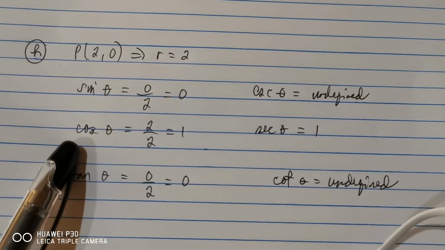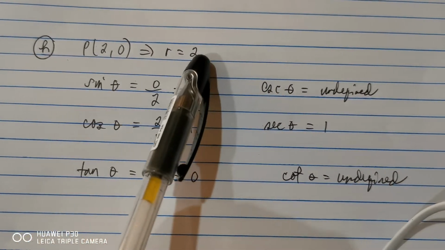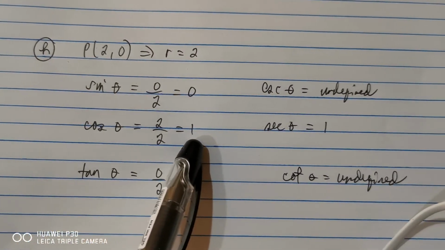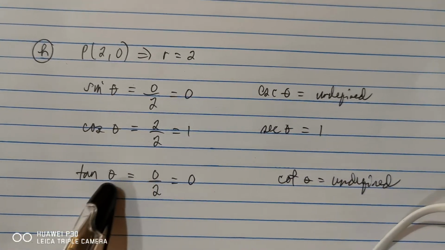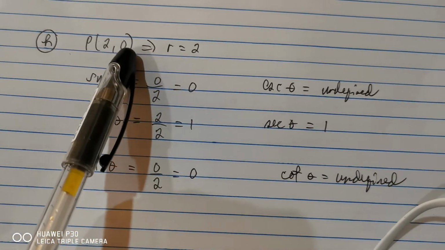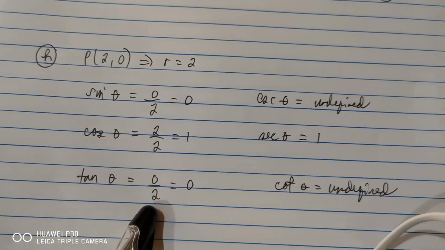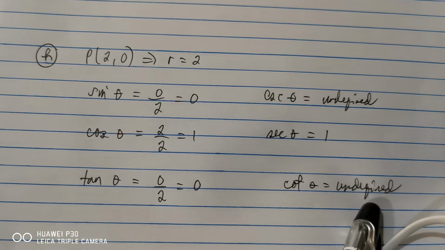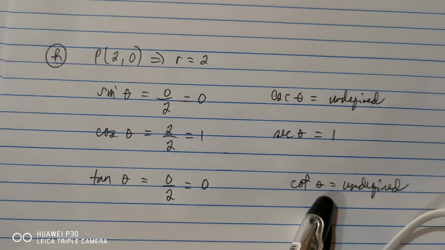Cosine theta is x over r, so 2 over 2 equals 1, so secant theta, the reciprocal, is also 1. Tangent theta is equal to y over x, 0 over 2, which is 0, but the reciprocal of 0 over 2 is undefined, or 2 over 0, which is our cotangent theta.